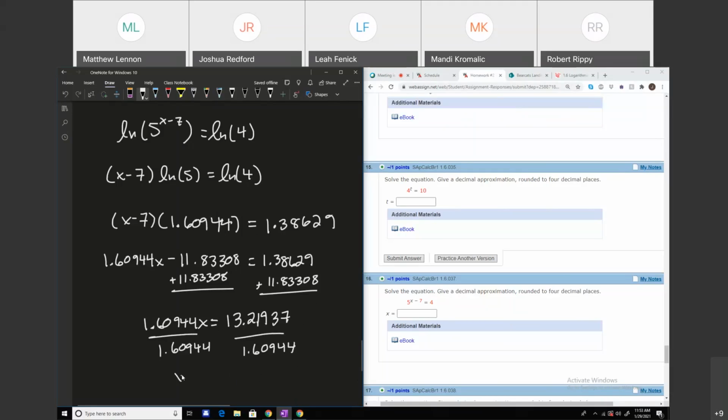And that should give us our value for x. Again, they just want 4 decimal places. So I'm getting 8.2136. So let's see if that works.